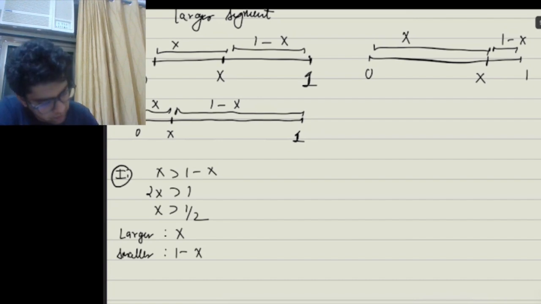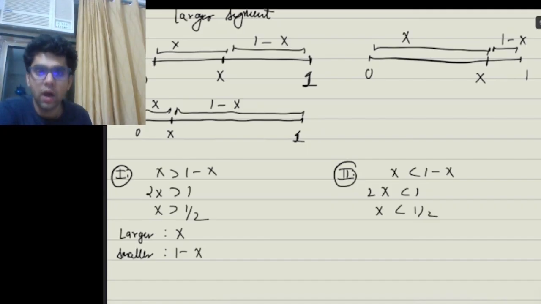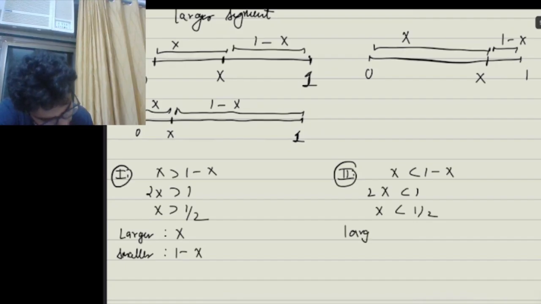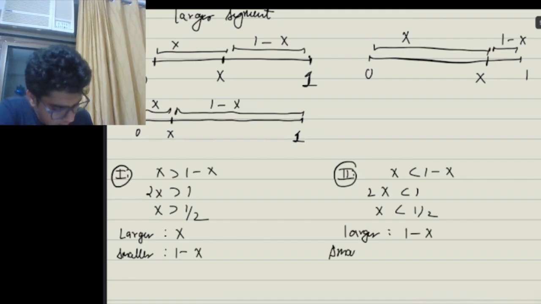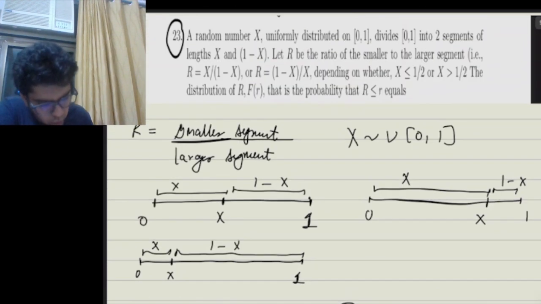And whenever x is less than 1 minus x, this would happen for x being less than half. So whenever x is less than half, our larger segment is 1 minus x and our smaller segment would be x.